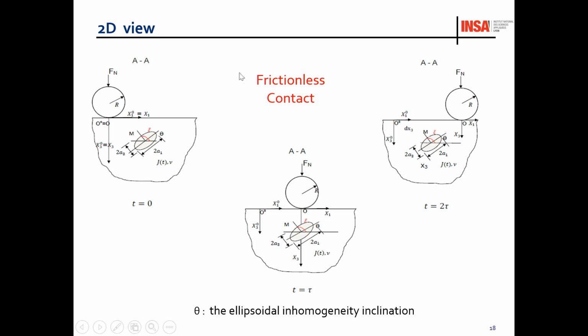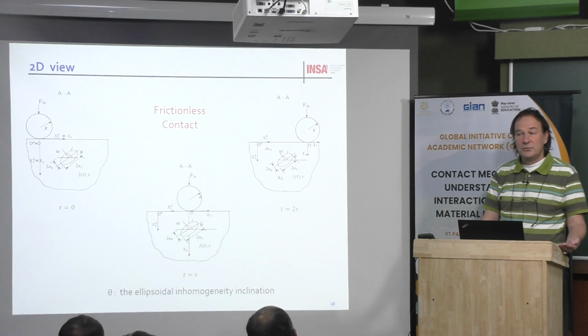And again, what is important to note, this is a frictionless contact, even if we will measure some apparent friction coefficient. For example, for the contact between a tire and the road, when you have a dry contact without water, not a rainy day, the friction coefficient can be up to 0.6 or 0.8. Which is very, very important.